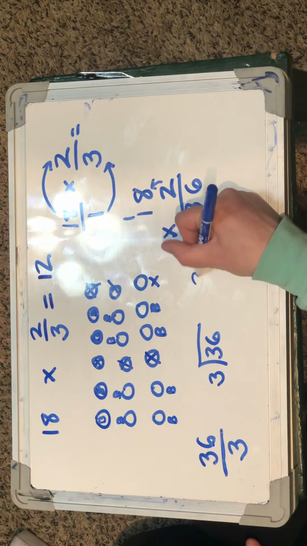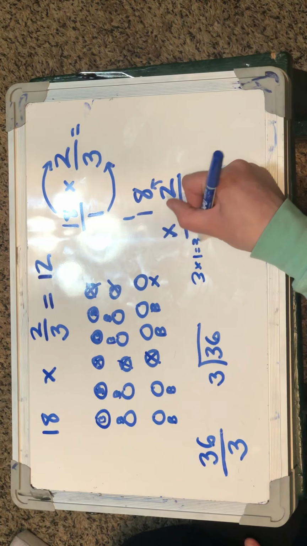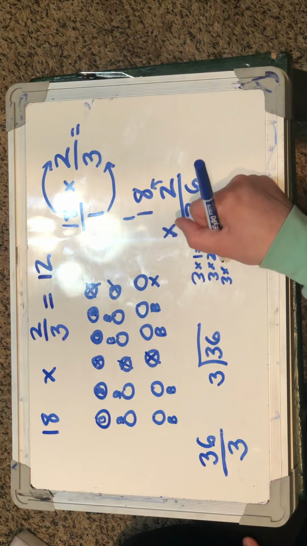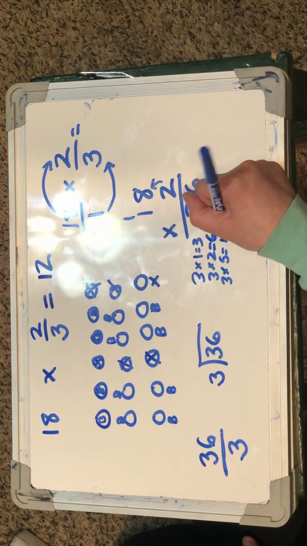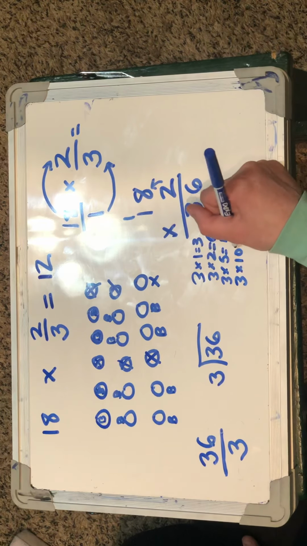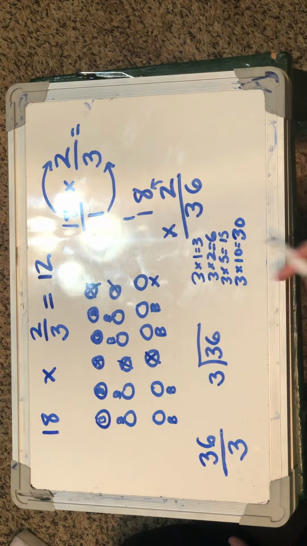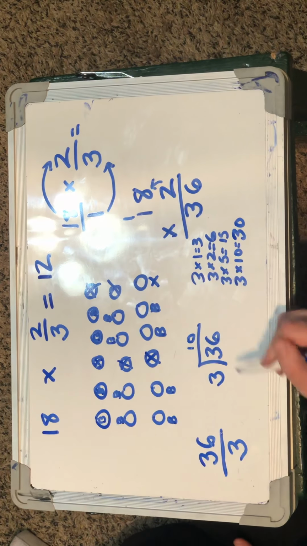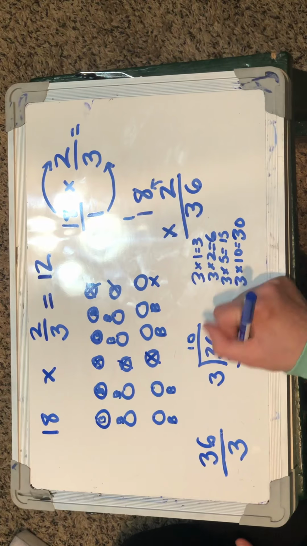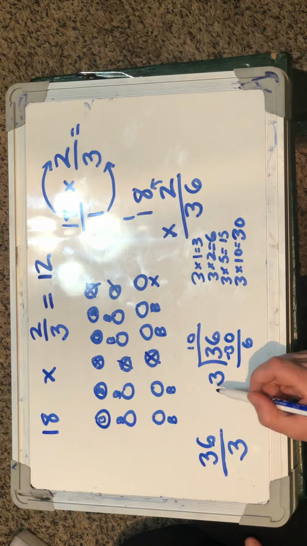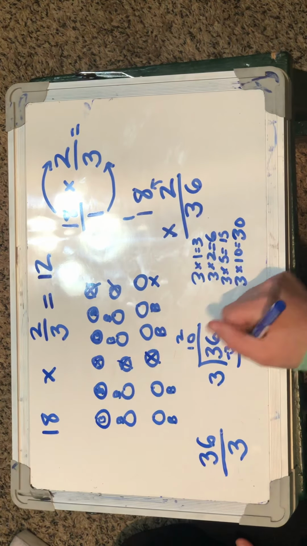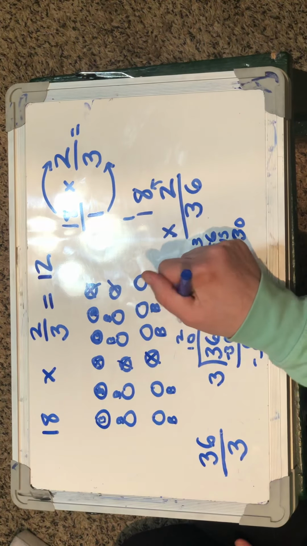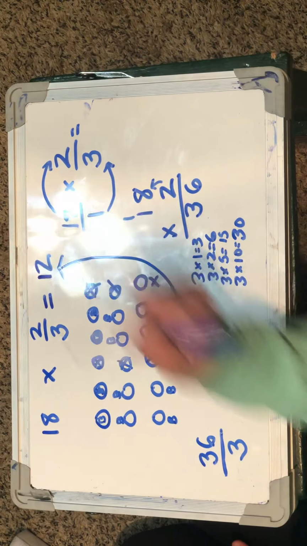Okay, so I might say, okay, 3 times 1 is 3, 3 times 2 is 6, 3 times 5 is 15, 3 times 10 is 30. That's pretty close. So I'm going to do 3 times 10 is 30. That leaves me with 6. 3 times 2 is 6. 10 plus 2 equals 12.